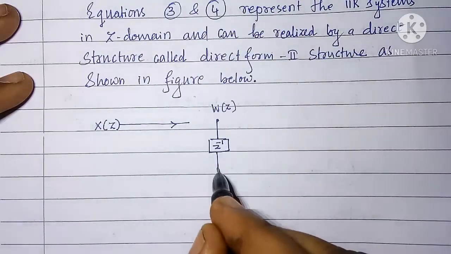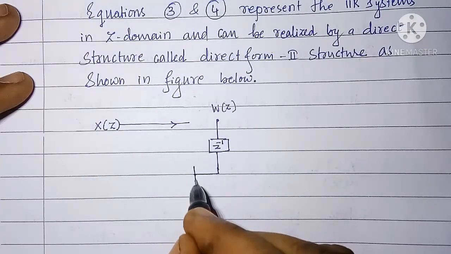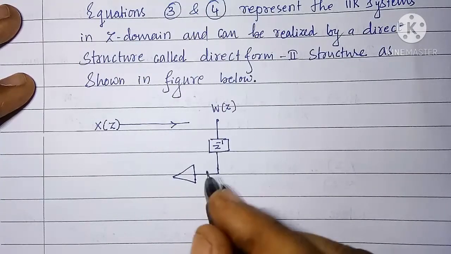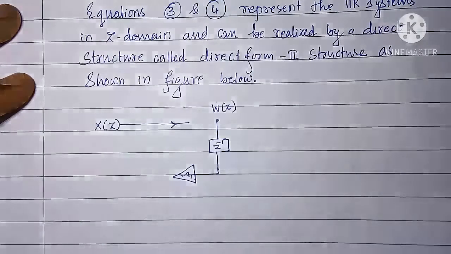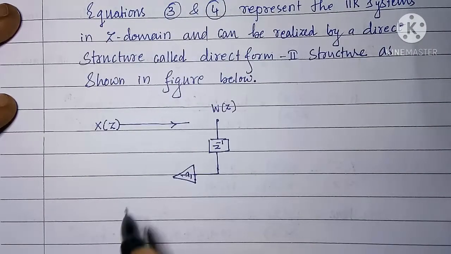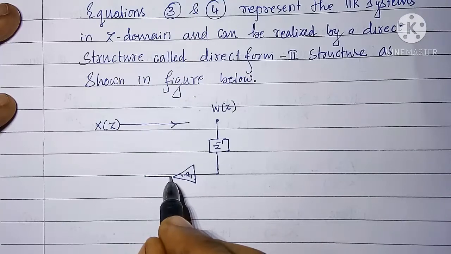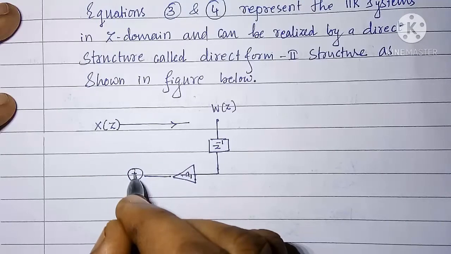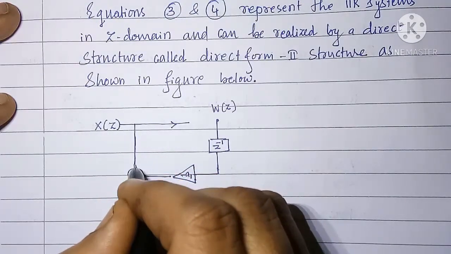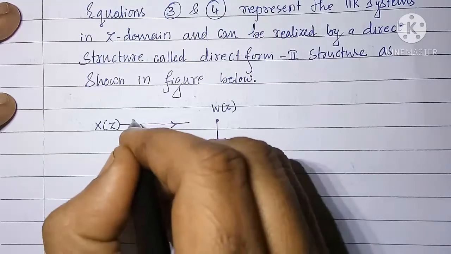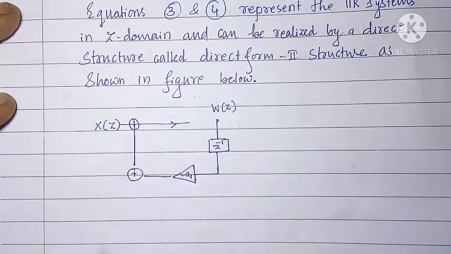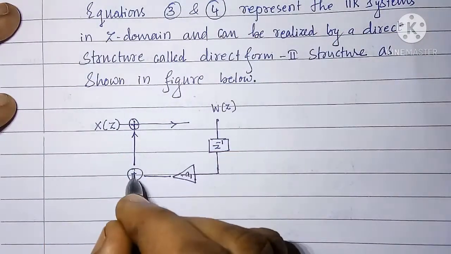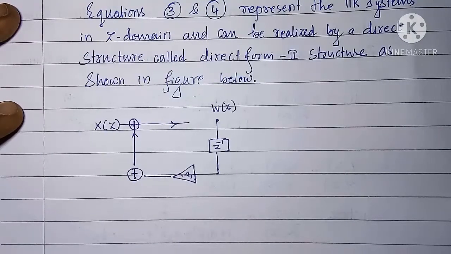And then it is to be multiplied by a constant minus a1. So minus a1 I will show here. And this is to be added to X of z. So this is one adder here. This is also one adder here.